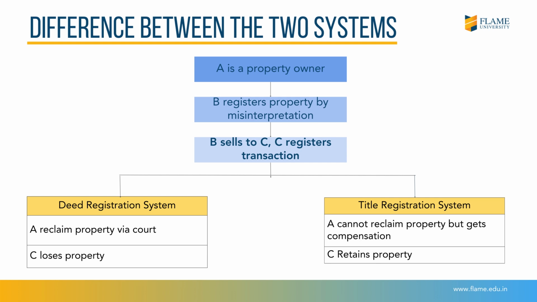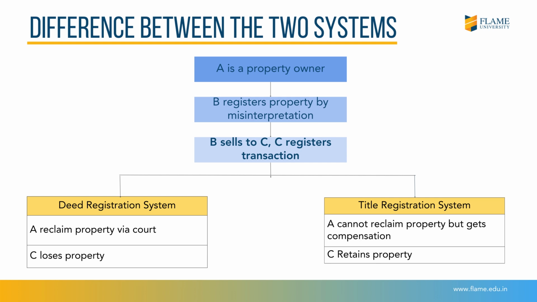In a deed registration system, A can get his property back from C by going to a civil court. He would argue that the sale of the property by B to C was illegal, as B had no right to sell his property. In this case, C, despite being a bona fide purchaser, will lose his property.